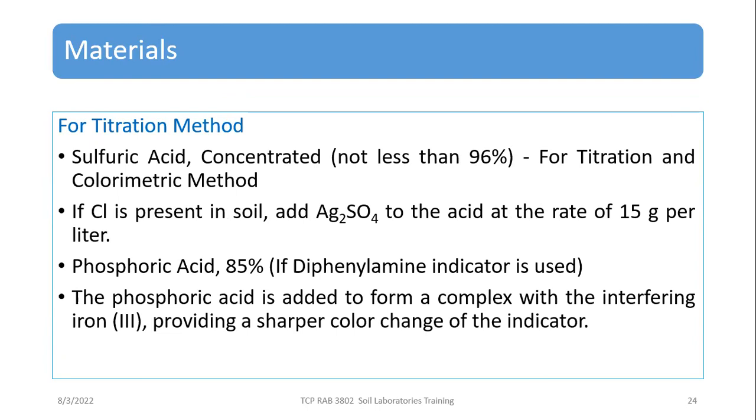If chloride is present in the soil, you have to add silver sulfate to the acid at the rate of 15 gram per liter. Also, phosphoric acid 85% if diphenylamine indicator is used.